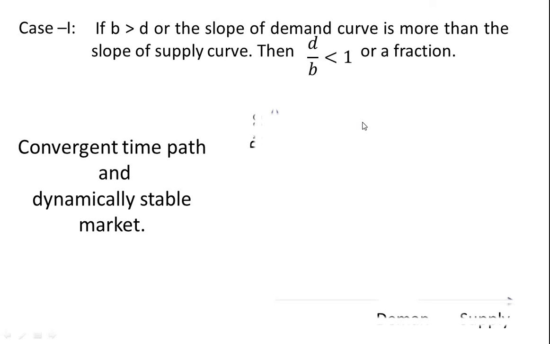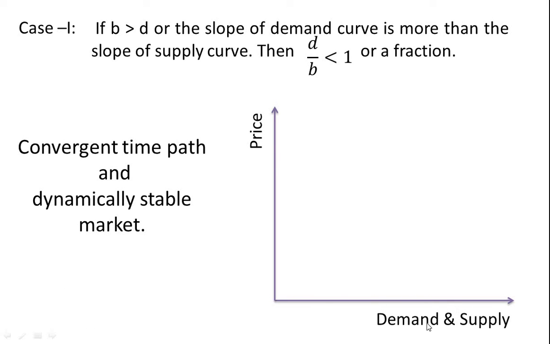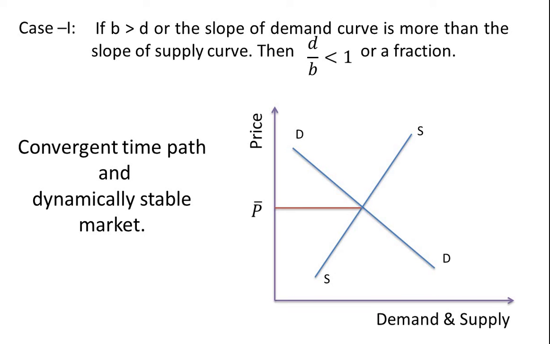Diagrammatically, the horizontal axis is the quantity for demand and supply, and the vertical axis indicates price. DD is the demand curve and SS is the supply curve. P bar is the equilibrium price, where D is equal to S, that is, demand is equal to supply. If the initial price P0 is more than P bar, then this excess supply brings down the price to this level, which is lower than P bar.